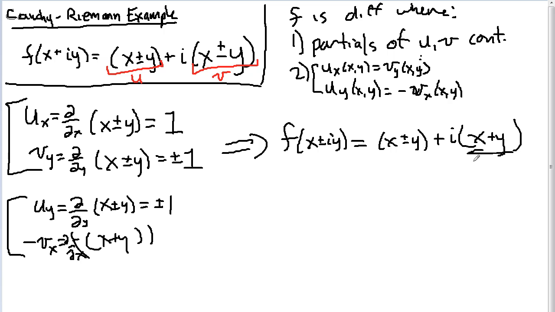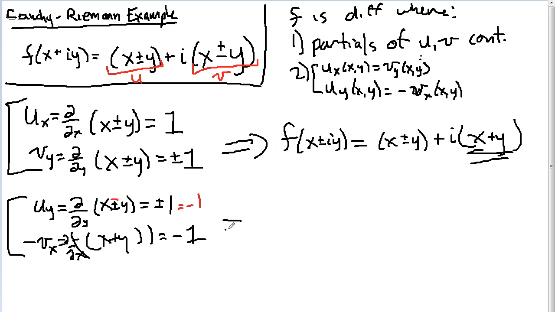I know that it's x plus y from over here. And that's just going to equal negative 1. So I need these two things to be equal. Well, they're only going to be equal if this is actually negative 1. So this part needs to be negative 1, which means that this has to be a minus sign.